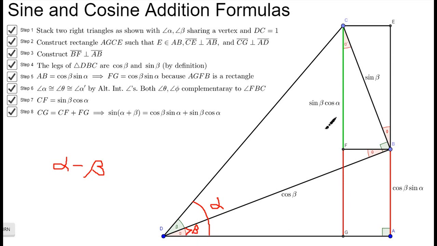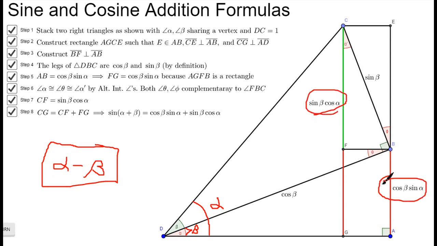But all of these relationships still exist, so I should be able to get an expression for the sine of alpha minus beta or the cosine of alpha minus beta in terms of these different sides, right? We can calculate what that should be. So you should definitely go through all the details so that you can prove the sine and cosine addition formulas and also be able to prove a subtraction formula for both sine and cosine.